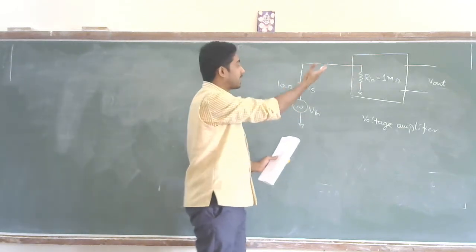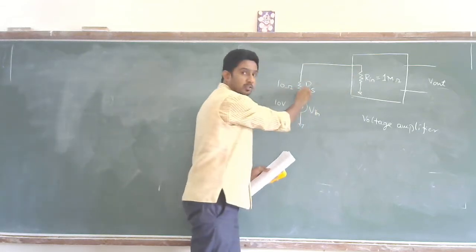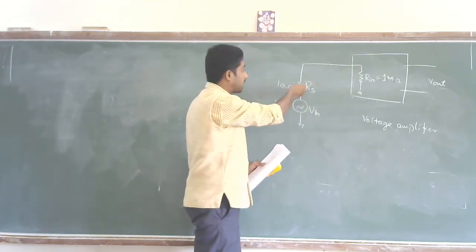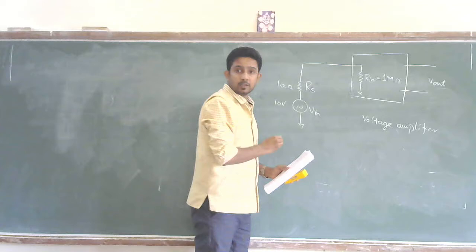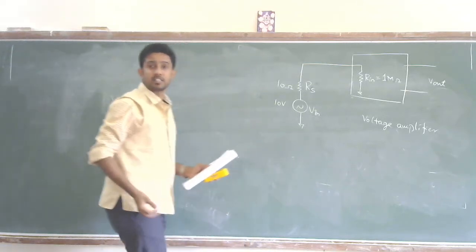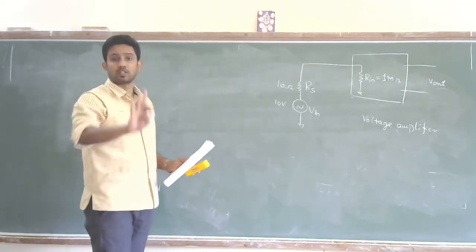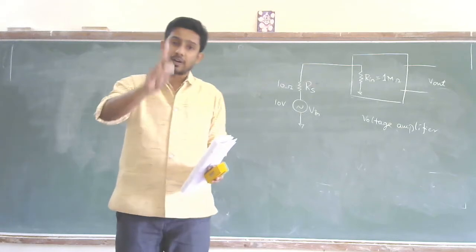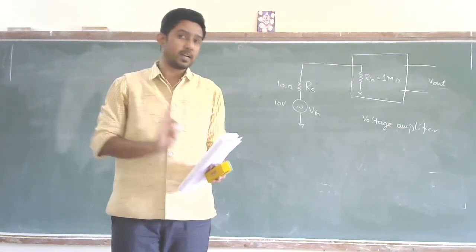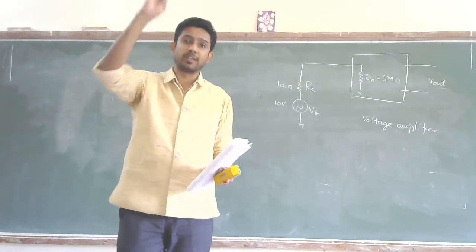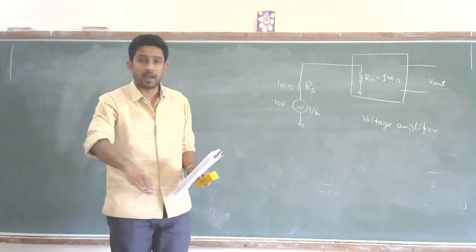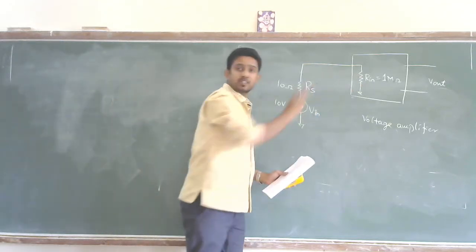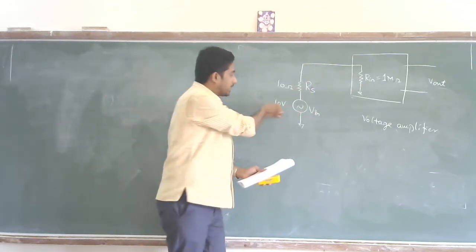To understand that, there are two resistors, so definitely this voltage will be divided across Rs and Rin. That's how I was talking about the voltage division rule. The voltage division rule simply says: across whichever resistance you want to find the voltage, that resistance should be in the numerator, divided by the sum of both the resistances, whole multiplied by the input voltage.